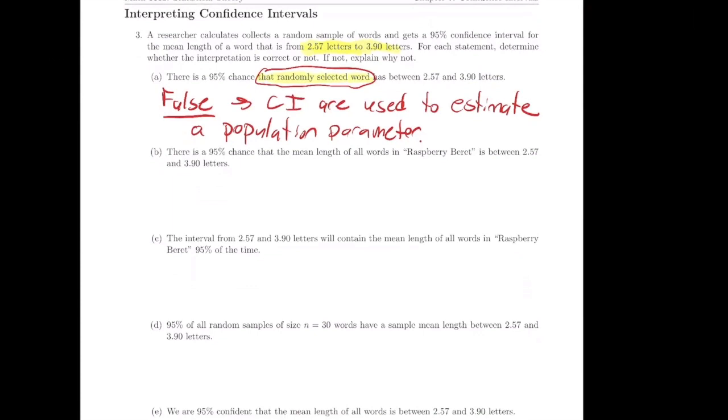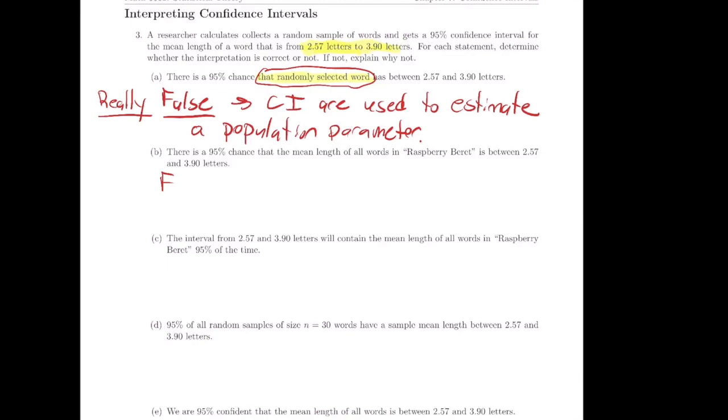So for those that thought this might be good, just be careful about what we're using this interval to estimate. So in B, this is now saying there's a 95% chance that the mean length of all words is between 2.57 and 3.90. And here, people tended to believe that this was true. Some people said that this was false. Maybe we'll have different degrees of falseness. A was really, really false, right?